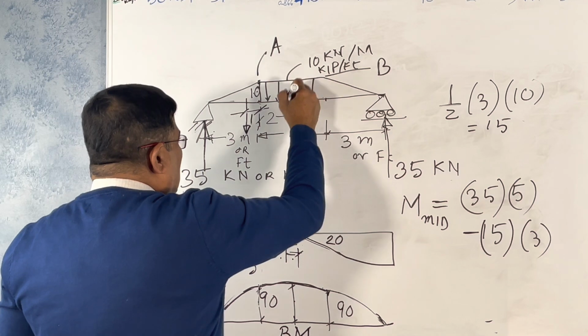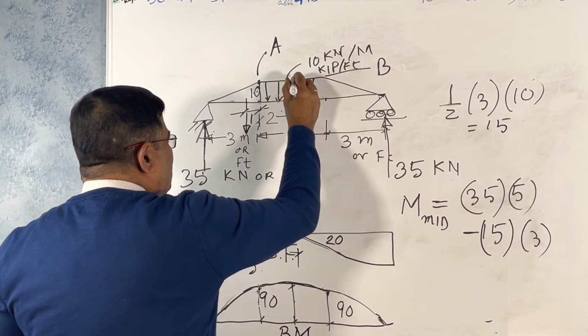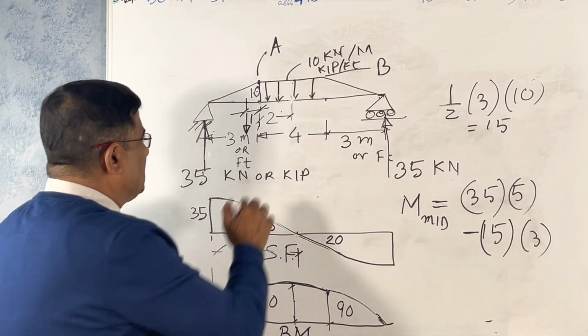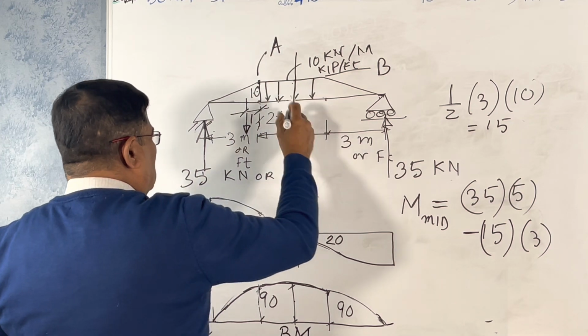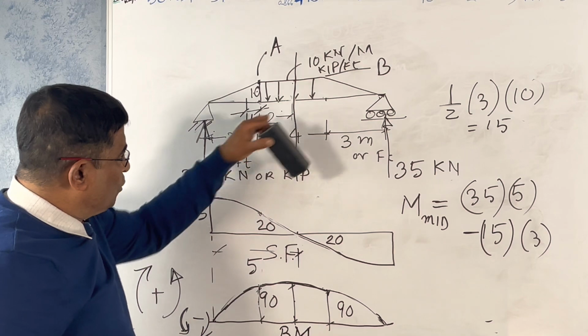Then again, we have to consider the moment of the left and right of the section. The left of this section is only this much of load, not the total load.